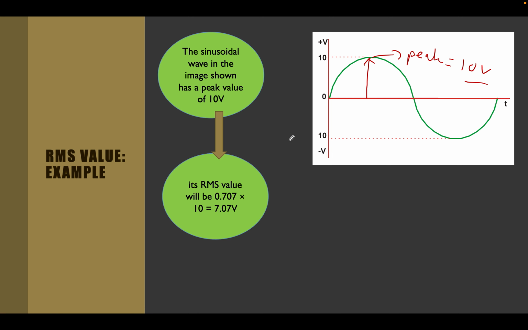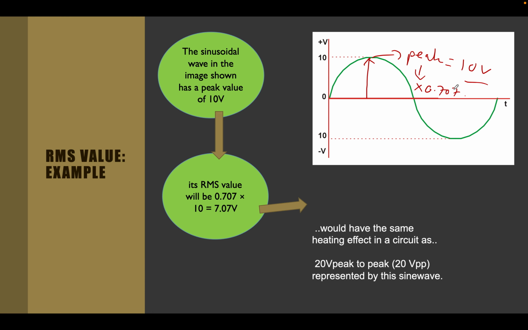We know that the RMS is equal to the peak multiplied by 0.707. We've said that several times now. So the RMS value will be 0.707 times 10, which equals 7.07 volts. So a DC voltage, like we said on the last slide, of 7.07 volts would have the same heating effect in a circuit as 20 volts peak to peak, represented by this alternating current sine wave.